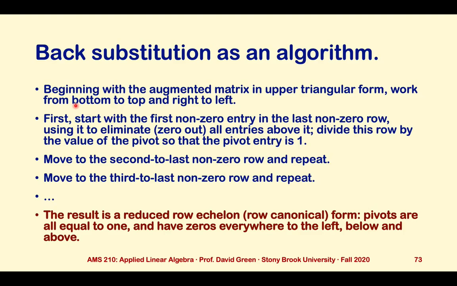We work from the bottom to the top, moving from right to left, starting with the pivot in the last non-zero row, eliminate upwards, scale by the value of the pivot so that we have a pivot entry of 1, move up to the second to last non-zero row, do the same, move up, do the same, until we get our row canonical form, or reduced row echelon form.